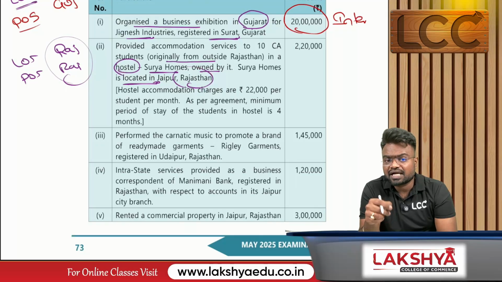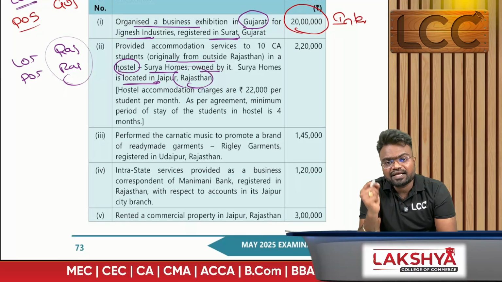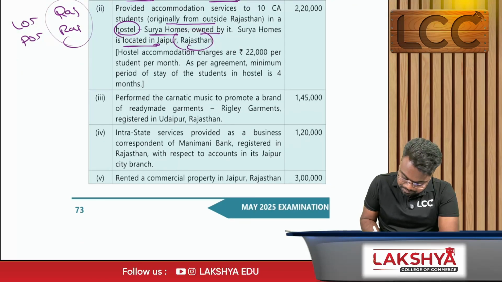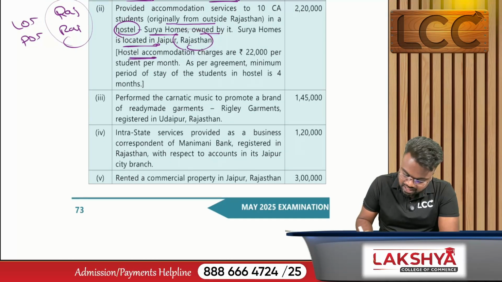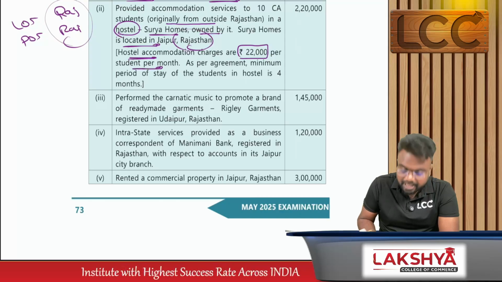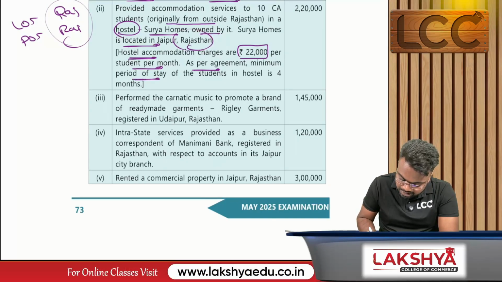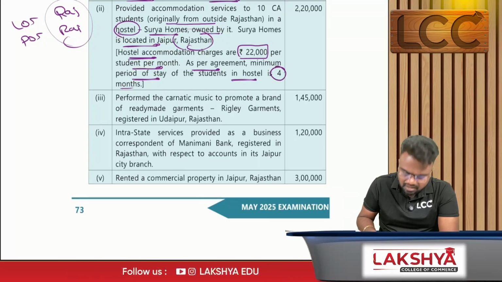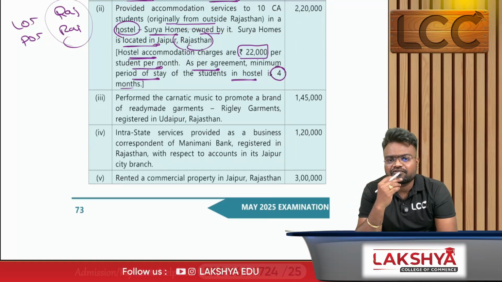That means we need to charge CGST and SGST. So see what is the information given in the bracket. Hostel accommodation charges are rupees 22,000 per student per month. As per the agreement, minimum period of stay of the students in hostel is 4 months. So what is the relevance of this information?